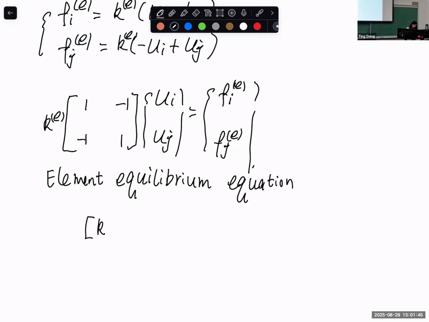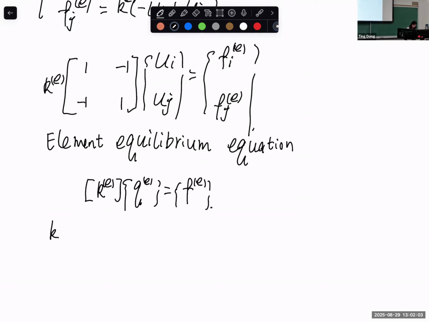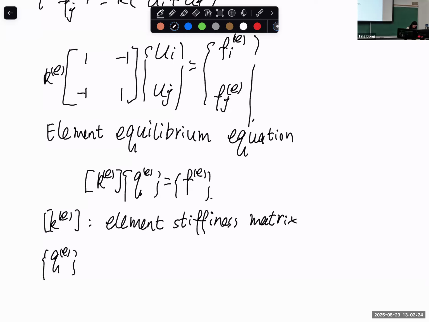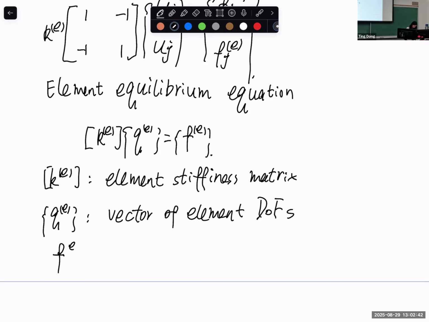We have K, the element stiffness matrix, and Q, the vector of element degrees of freedom, equal to F E, the vector of nodal force.